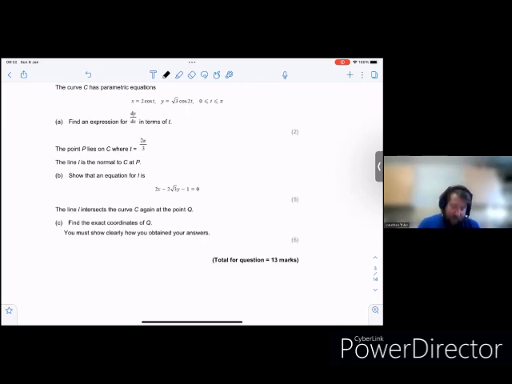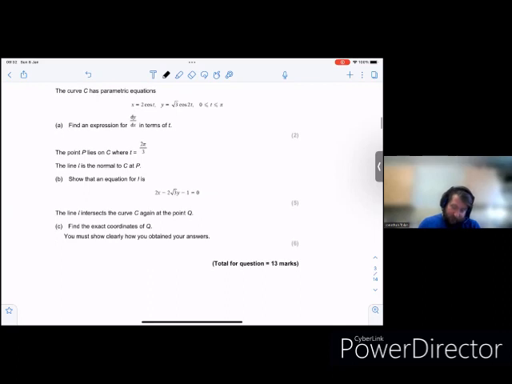So part A, sorry, I just got dust on my iPad. So part A, I'll just remind you of the formula. dy by dx equals dy by dt over dx by dt. So if we differentiate that y term, we get minus 2 sine 2t, so it becomes minus 2 root 3 sine 2t.